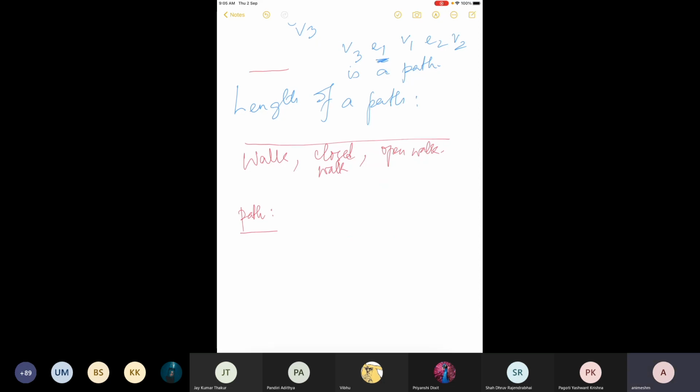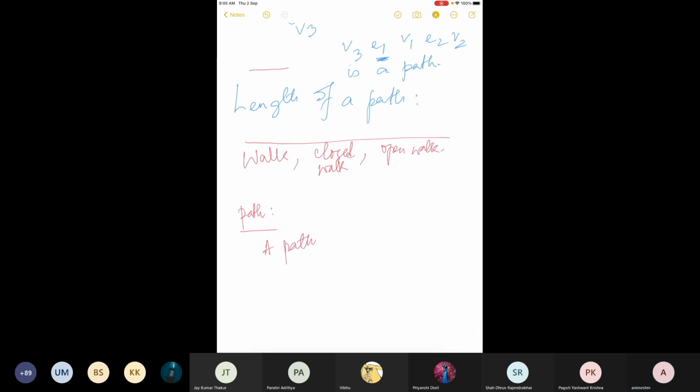Okay. So what is a path? We said that a path is a walk where no vertices are repeated.